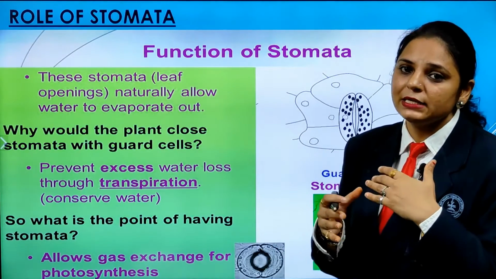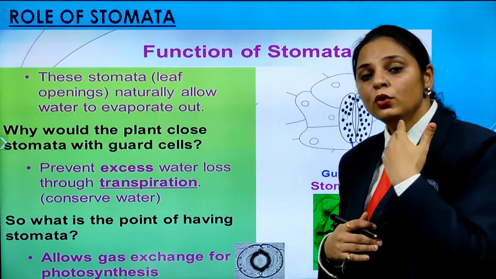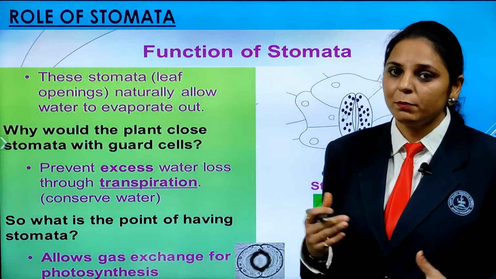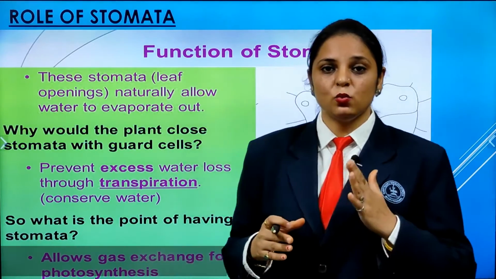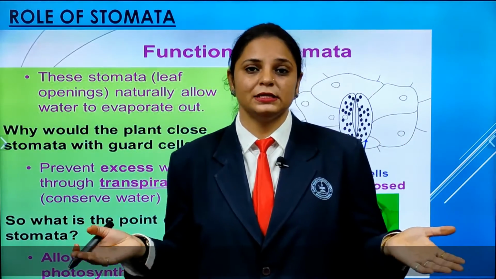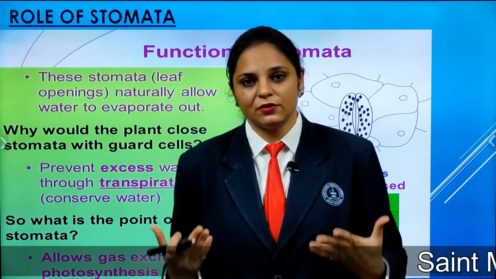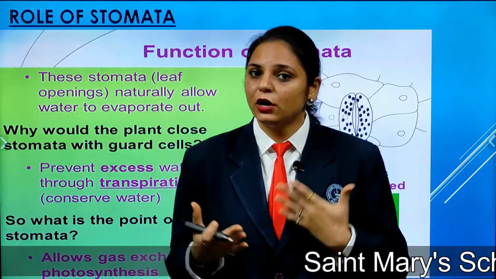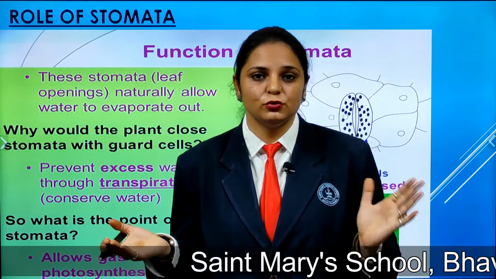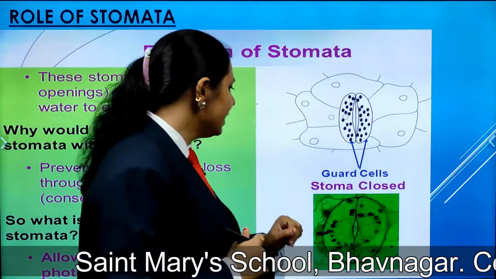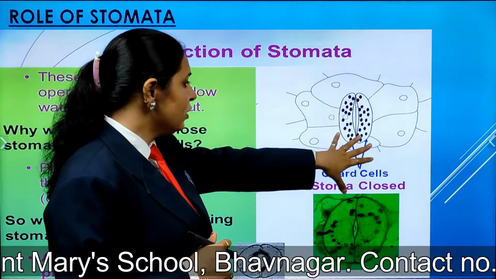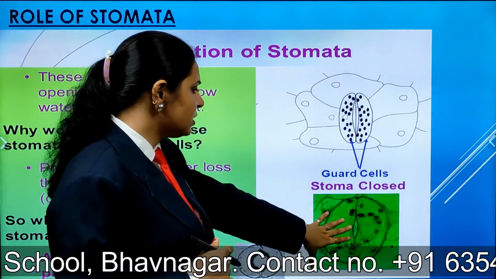No carbon dioxide is taken in and no oxygen is released by the plant. And this is very much a must. Why? Because all living organisms take in oxygen to survive. Without photosynthesis, this is not going to happen, and it is going to be harmful to the living organisms.